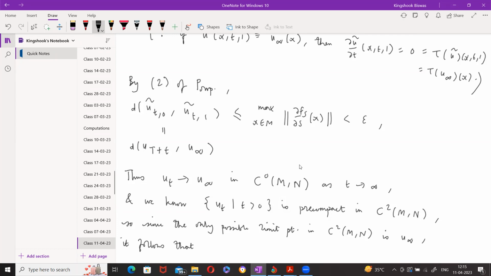So u_t converges to u infinity in C2 of M. Okay. Is this clear? So that finishes the proof.